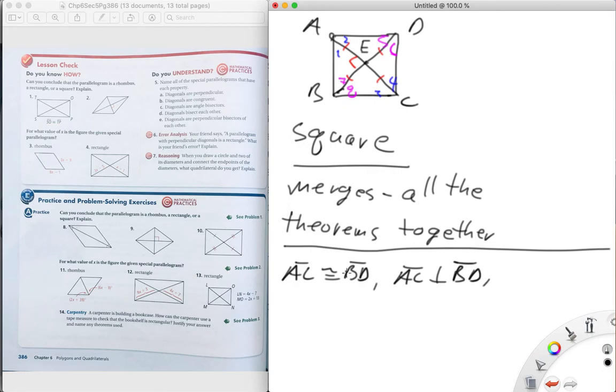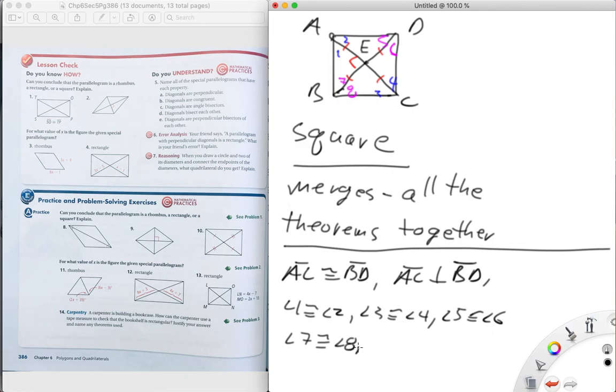We also have that angle 1 is congruent to angle 2. Angle 3 is congruent to angle 4. Angle 5 is congruent to angle 6. Angle 7 is congruent to angle 8.